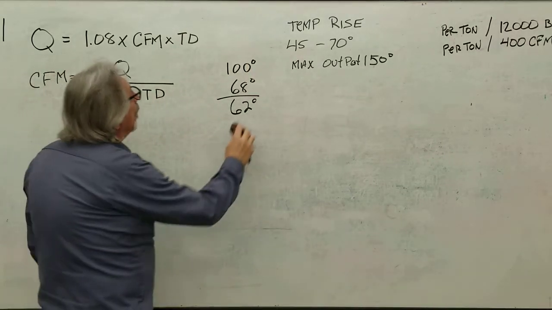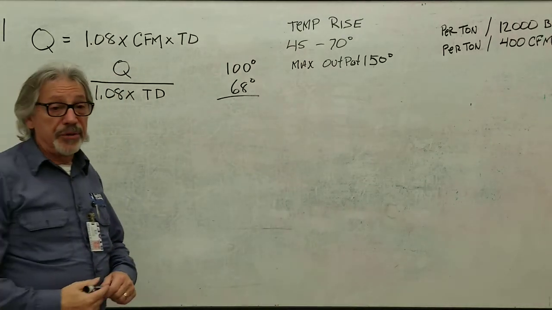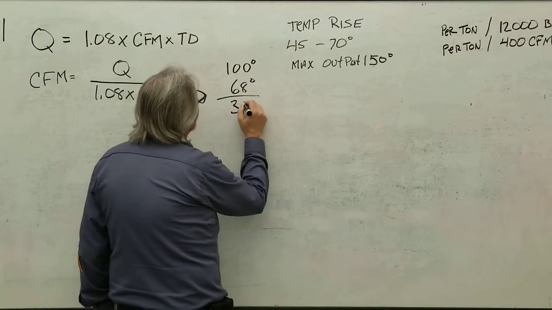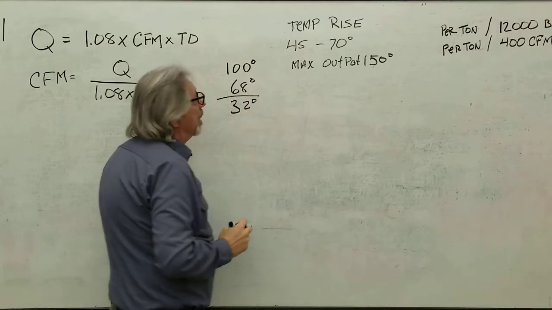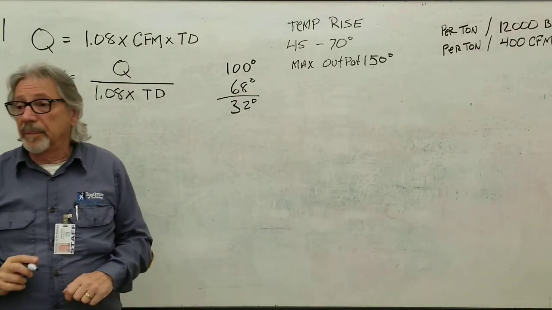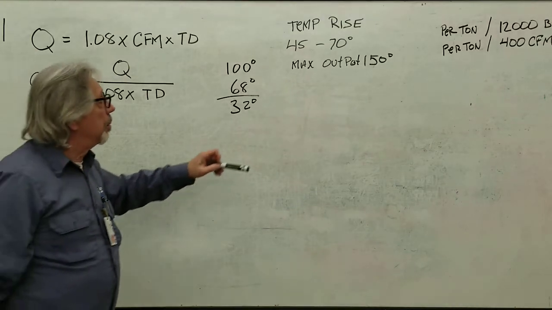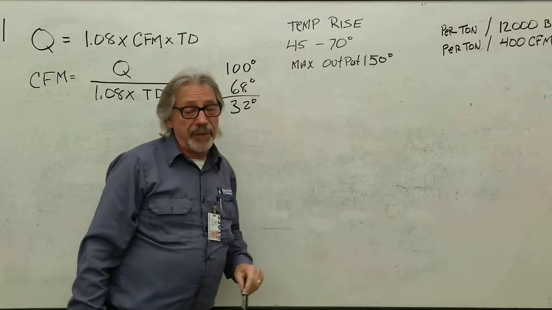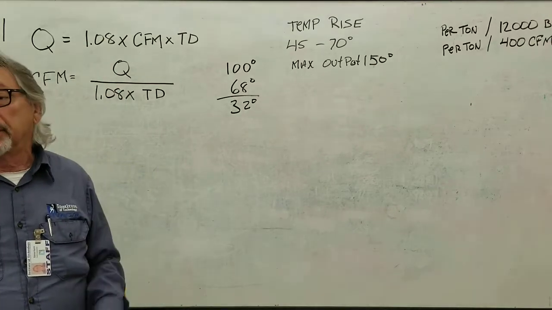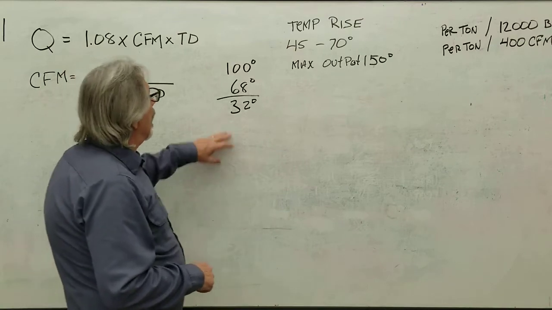So what's your temperature difference now? 32 degrees. In this case, if you were checking it and you looked at that, you'd know there was something amiss. Probably you would need to go to the gas valve and check the gas pressure coming into the gas valve to make sure you had the correct gas pressure to get that up there.